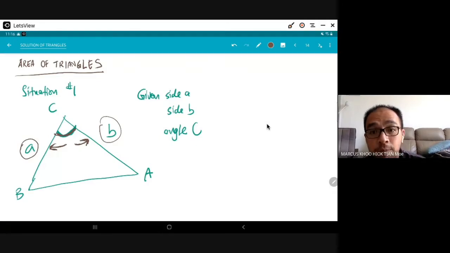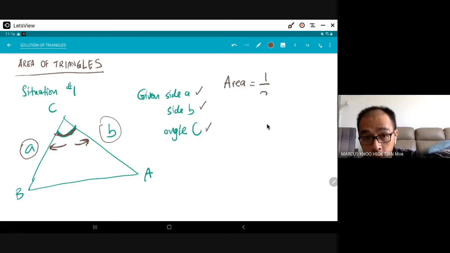This is a very important condition. So the formula for the area is 1 over 2 times side A times side B times sine angle C. Definitely we use sine.